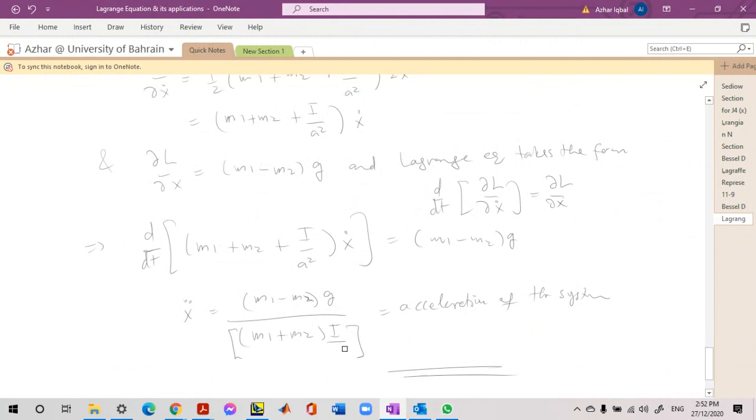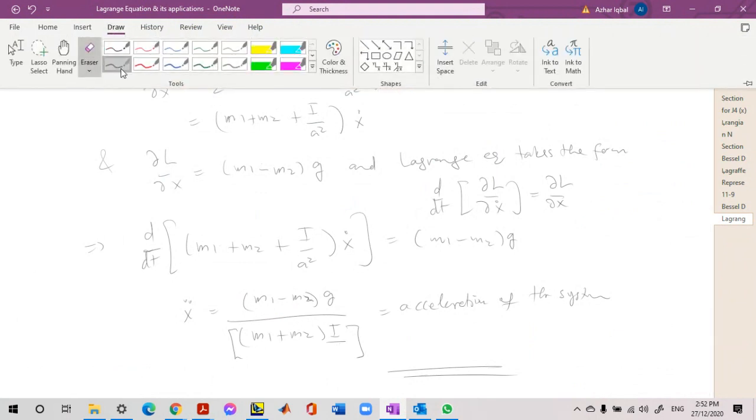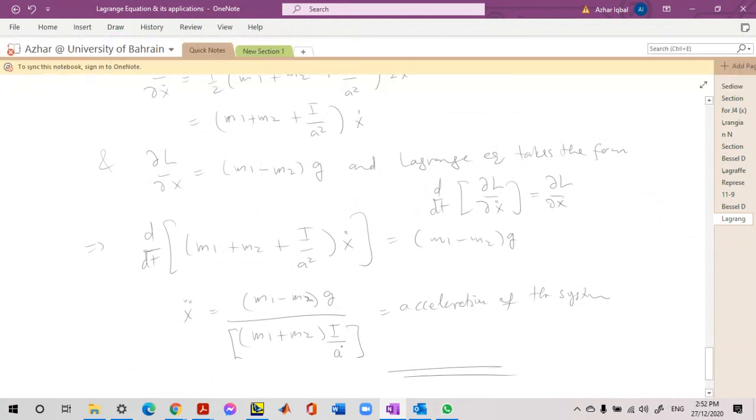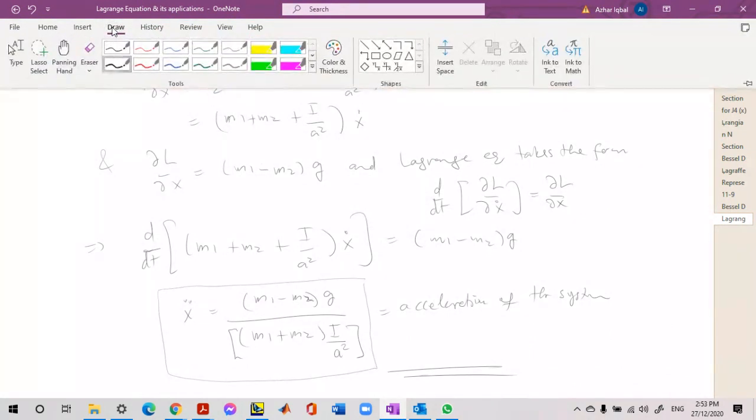This is a square, okay? And this whole thing is the acceleration of the system.